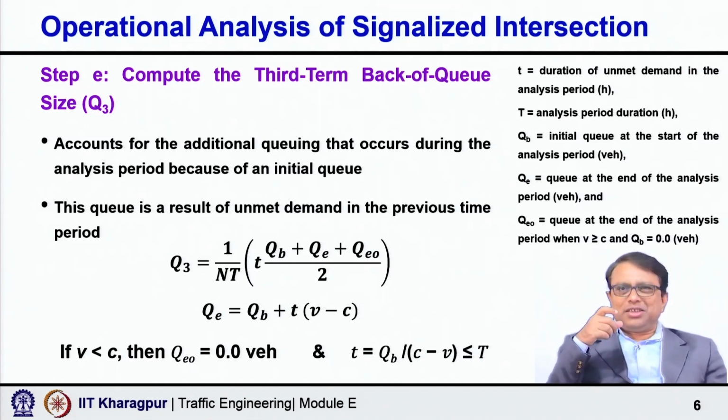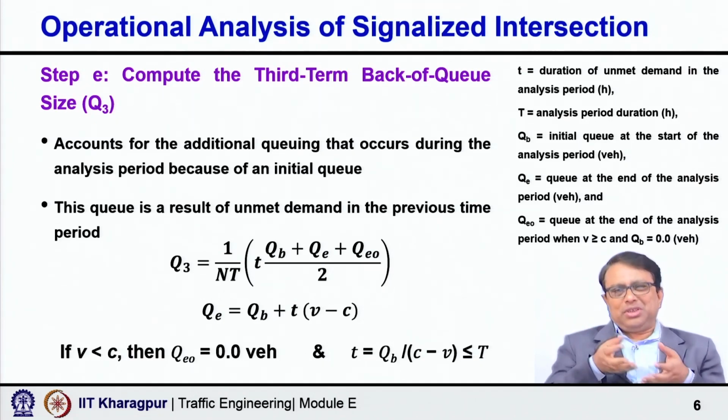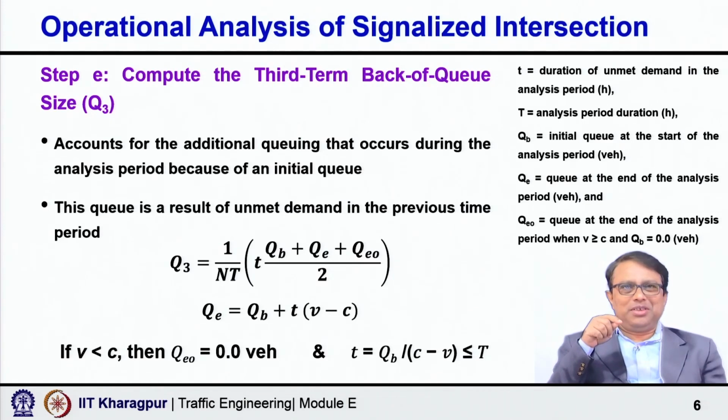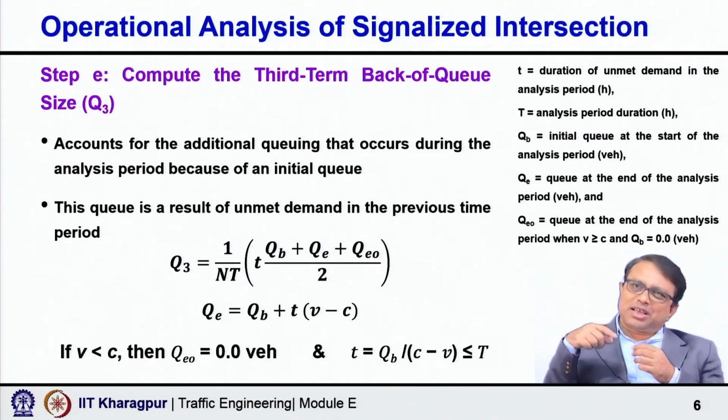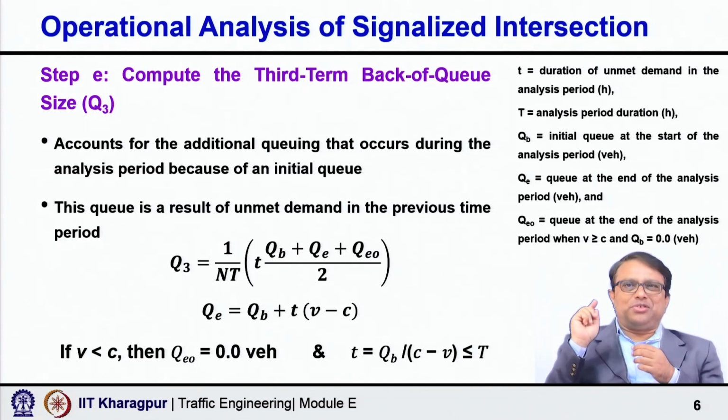Whatever Q you take over from the previous analysis period, that is QB, which is there in the beginning. But then, depending on this analysis period, what the arrival rate and the capacity or discharge are, two more terms may come.